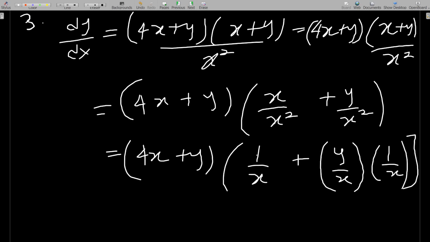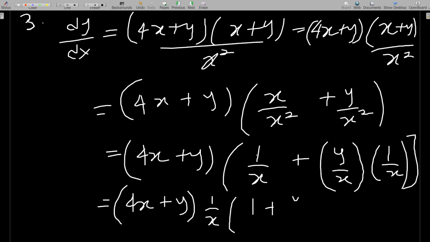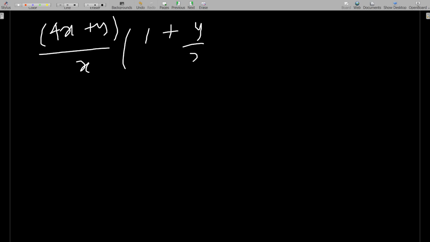And then we can factor that 1 over x out, and you get something like 4x plus y into 1 over x times 1 plus y over x, which in effect we can get like 4x plus y over x into 1 plus y over x. Okay, this is the same as this.